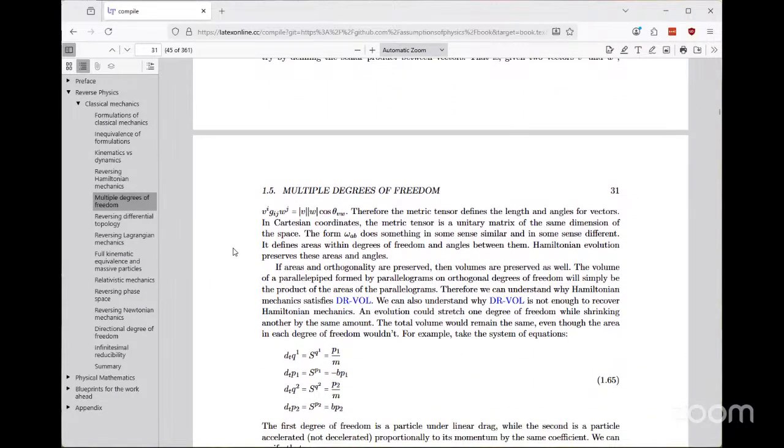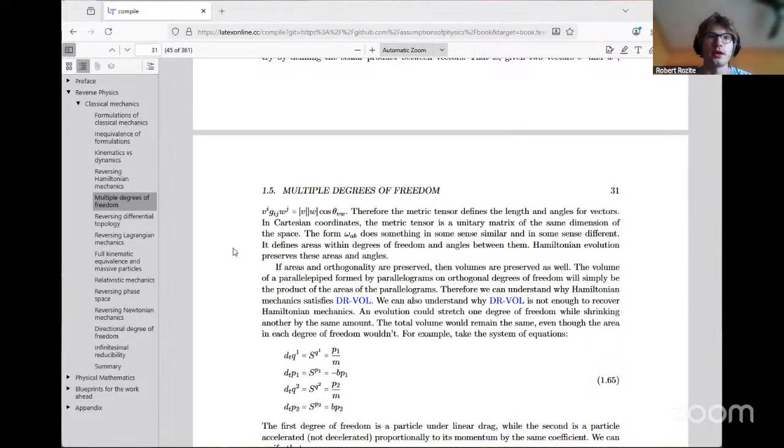Therefore, the metric tensor defines the length and angles for vectors. In Cartesian coordinates, the metric tensor is the identity matrix of the same dimension as the space. The form omega AB does something in some sense similar and in some sense different, and defines areas within degrees of freedom and angles between them. Hamiltonian evolution preserves these areas and angles.